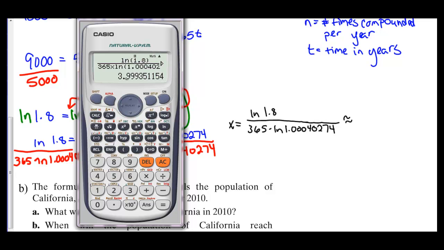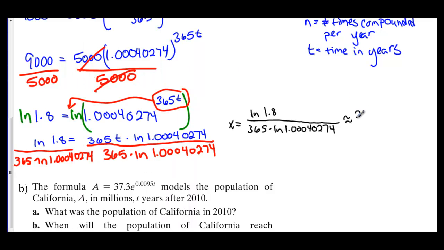And that gives us 3.999. Or that's going to be that our time is about 4 years. And actually this x should be a t, because that's what we were solving for.